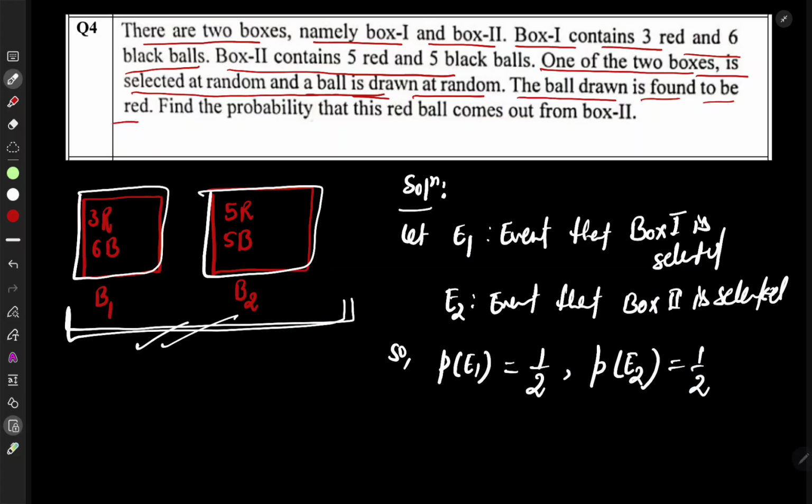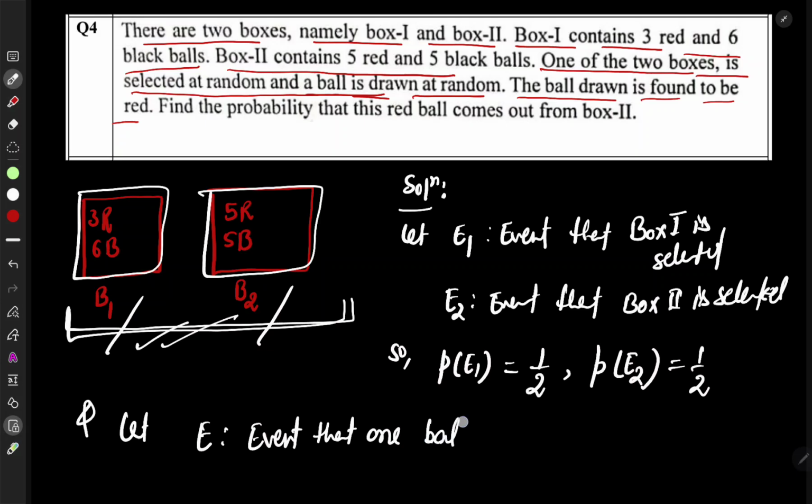Now after selection, maybe you selected box 1, maybe box 2. After that, one ball is drawn. So let E be the event that one ball is drawn from the selected box.